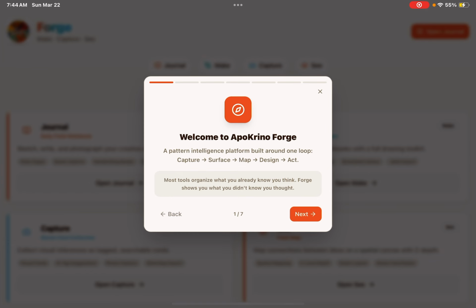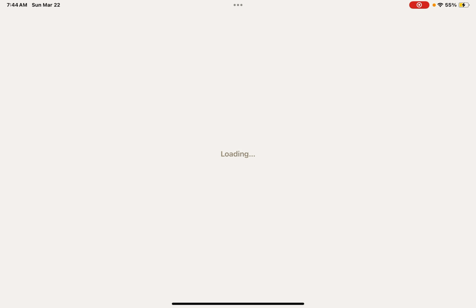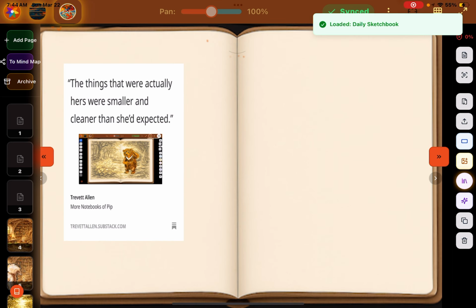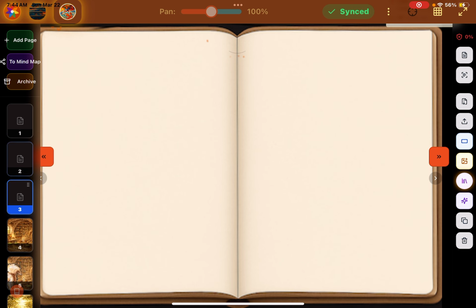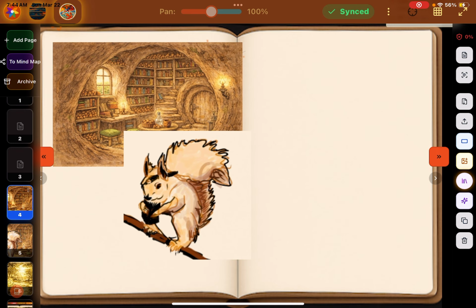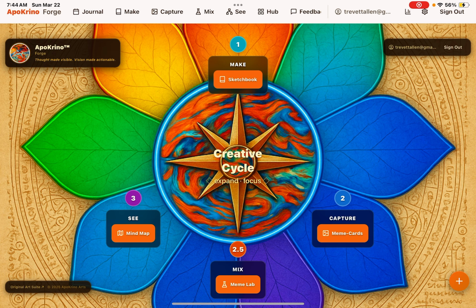So there are different walkthroughs, different information, different interfaces, and you know, we checked out the journal. Here's a different sketchbook. This is the daily sketchbook function. Daily sketchbook puts you into the daily capture, which is really useful for the phone capture functions.